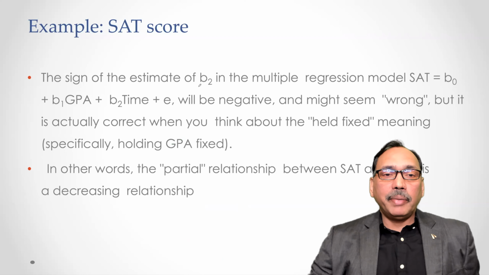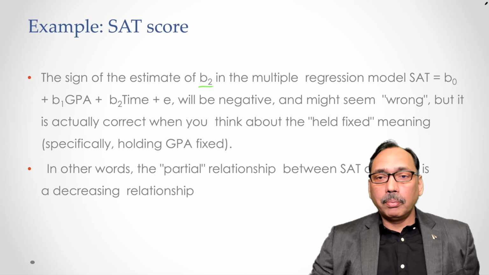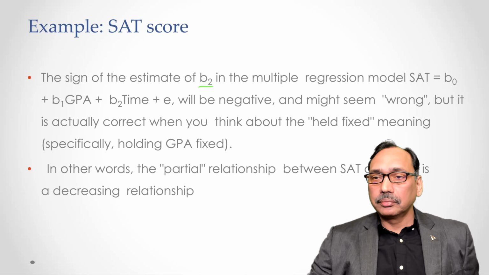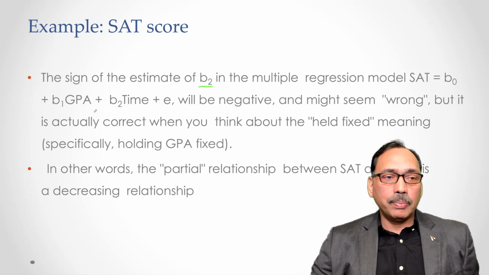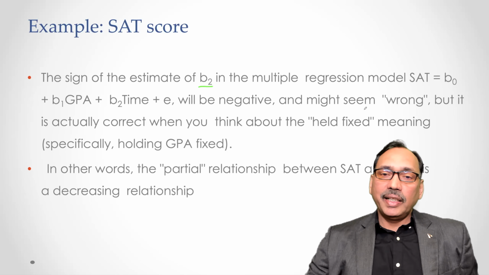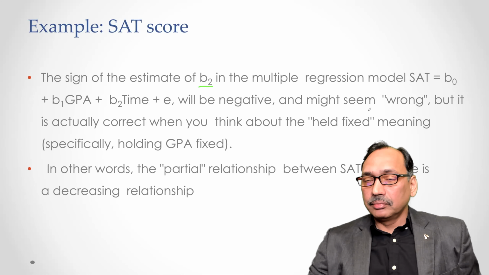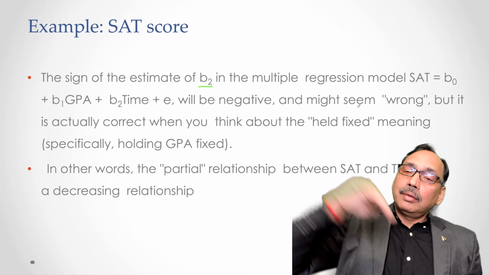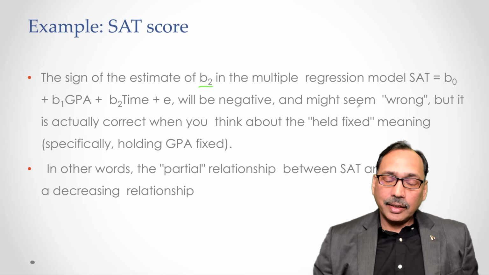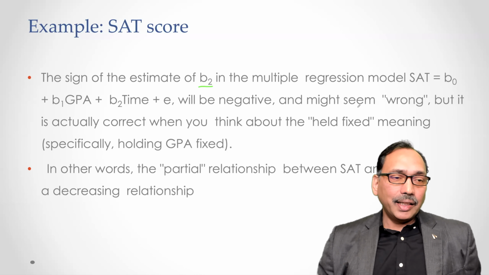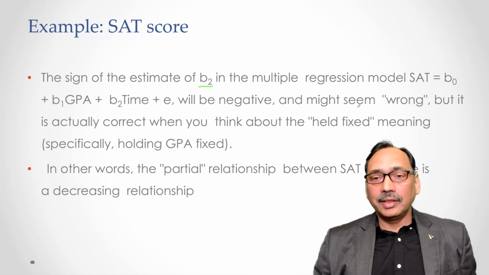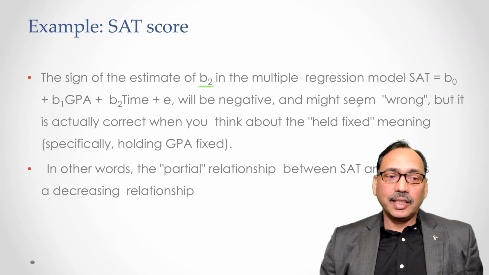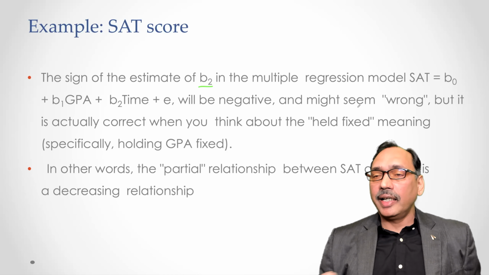So the sign of the estimate for beta 2, which is B2, in the multiple regression model, SAT equals B0 plus B1 GPA plus B2 time plus error, will be negative and might seem wrong, because you are seeing an increasing trend and it may look like something is wrong, but it is actually correct when you think about the held fixed meaning, in this case where GPA is held fixed.